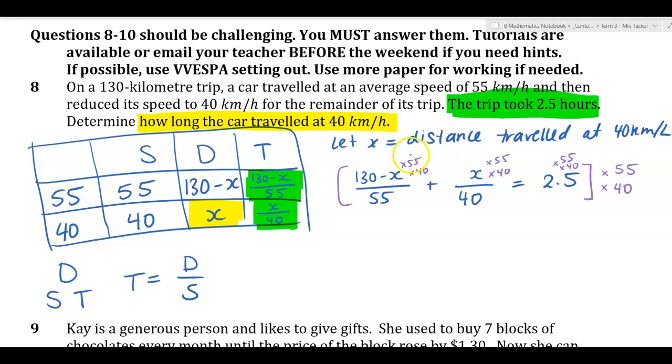So this one, the 55s will cancel, and I'm just left with 40 outside of 130 minus X. This one, the 40s will cancel, so what am I left with? Good. And then the last one, we got 55 times 40 times 2.5, which is 5,500.